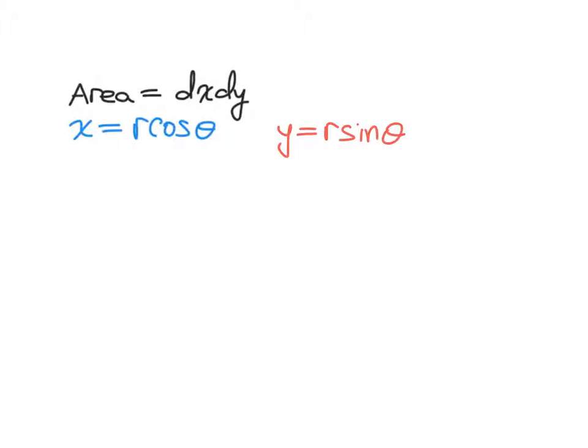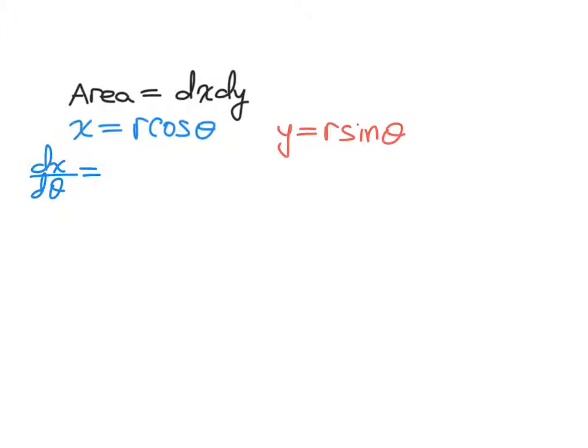And we're going to differentiate those. So I'm going to take the derivative with respect to theta, dx d theta. It really doesn't matter if you do it with respect to theta or r, it all comes out in the wash. I'm just choosing to do it with respect to theta.